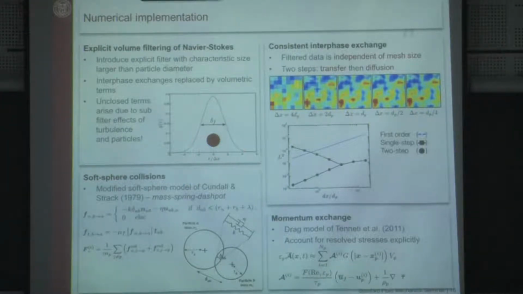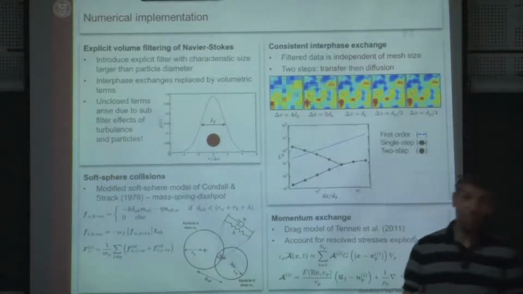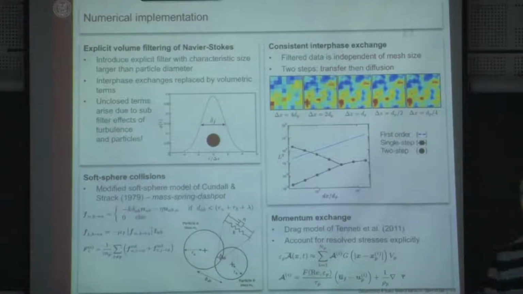Ultimately, we've introduced a filtering technique, so we need to think about how we apply this filter. Everything we've discussed sounds a lot like explicit filtering of Navier-Stokes, and that really is what it is. So it's like an explicit LES type of approach. If your mesh size is on par with the filter size, then you can forgo this step and simply rely on implicit filtering.